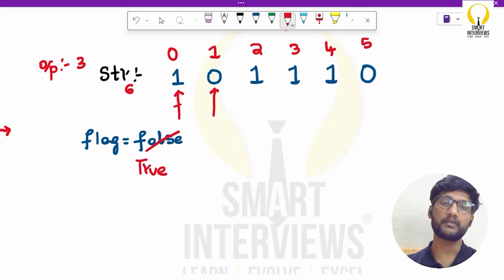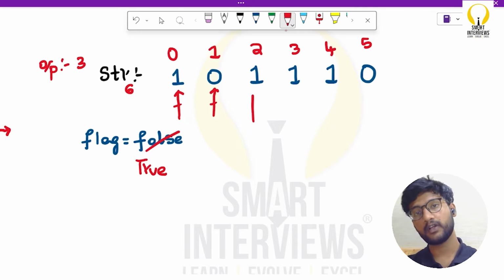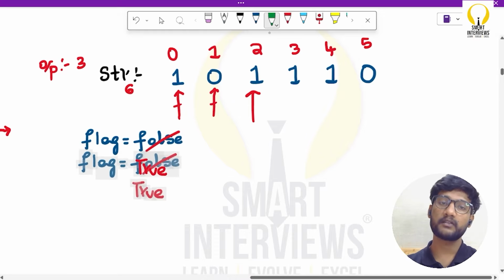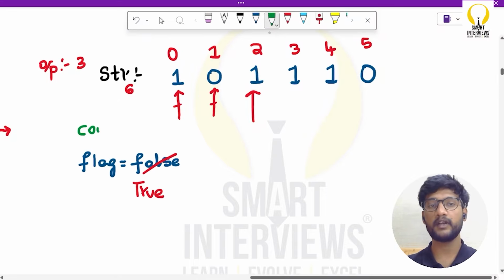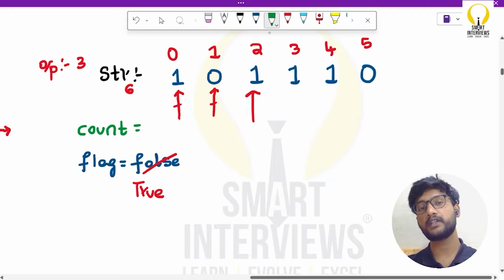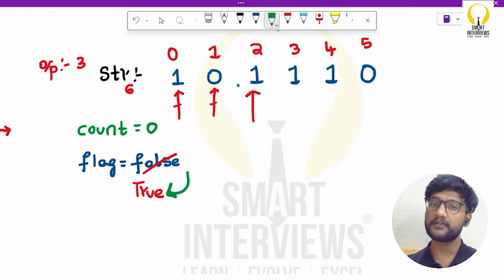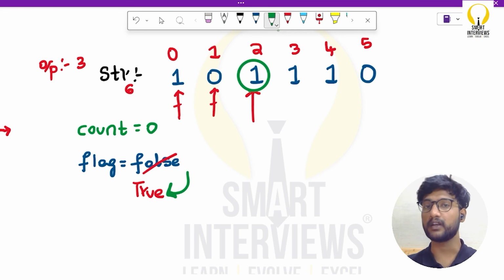After that, I'll move forward. Again, you have seen 1. You are supposed to maintain a count as well, so I'll also maintain my count, which is initially 0. Whenever my flag is true and the character is 1, I am supposed to increment my count.